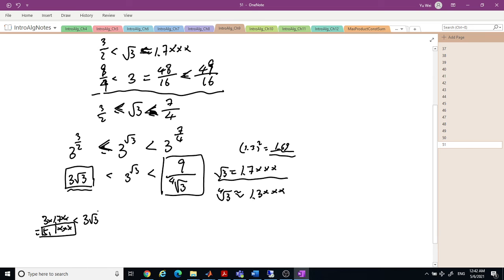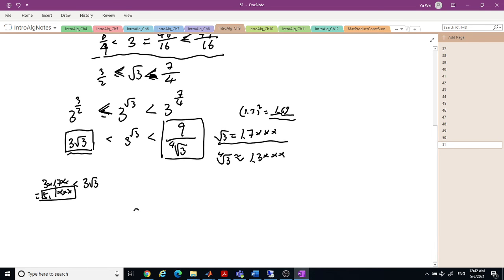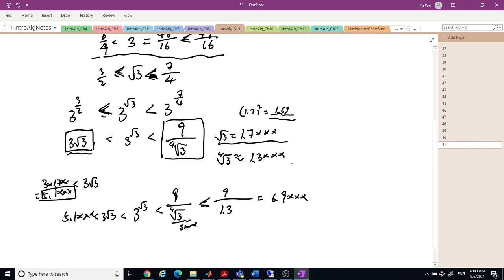So we know 3 square root of 3 is greater than 5.1 something something, and is less than 9 over 3 over 4, because we make this small and the fraction becomes bigger. The denominator becomes small, so 1.3, and then this one is 6.9 something something.